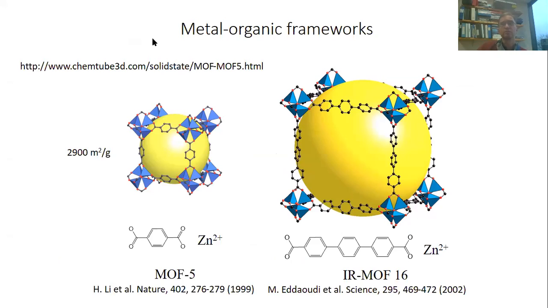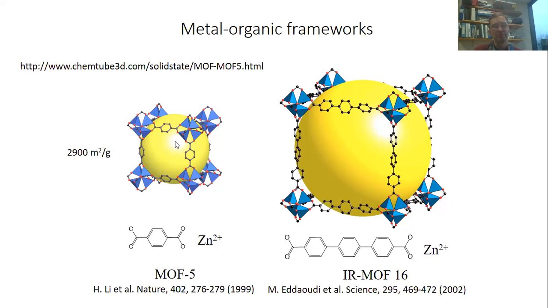These are also porous materials, but they are not macroporous. They can be either microporous or mesoporous. So we are taking a step back in pore size again, so to say.